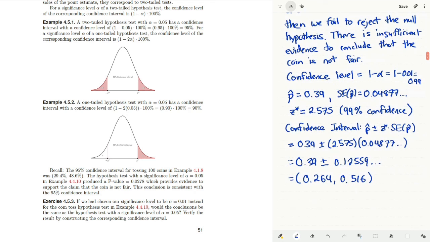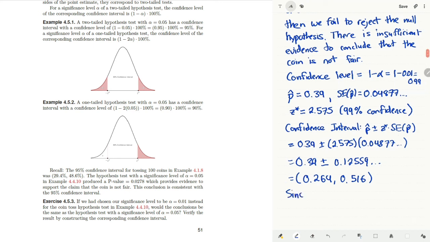And notice that for the 99% confidence interval, our interval contains 0.5, which can suggest that the coin may be fair. So we don't have enough evidence that the coin is not fair.